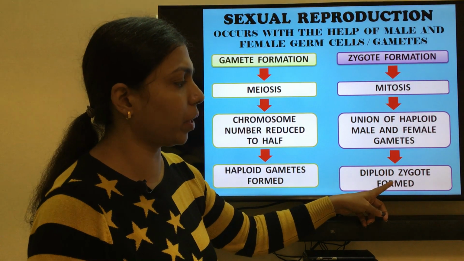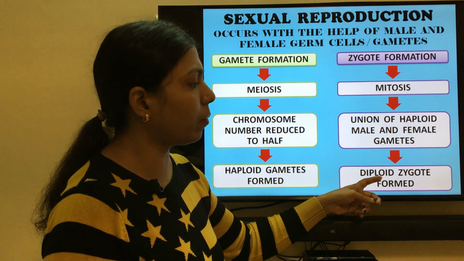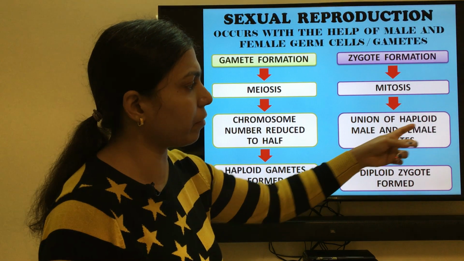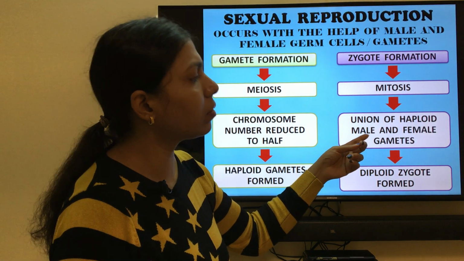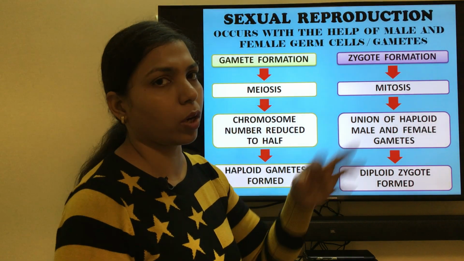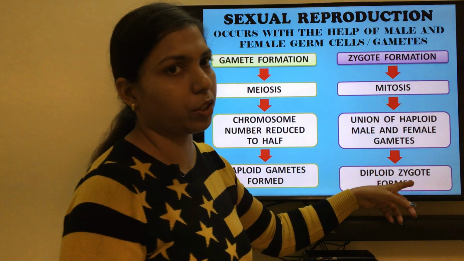This zygote has the diploid number of chromosomes, which means that because half the number of chromosomes are from the male and half from the female, the total number of chromosomes gets complete and you have a diploid zygote.